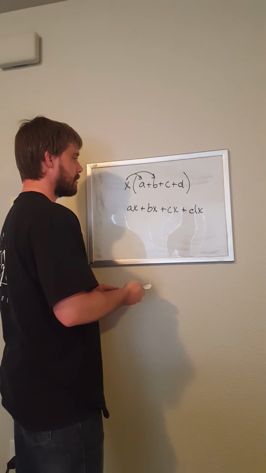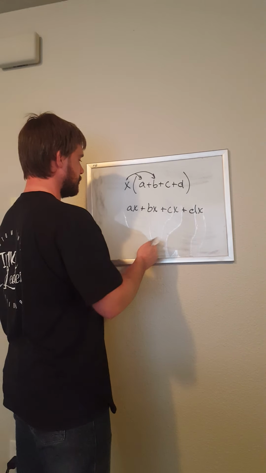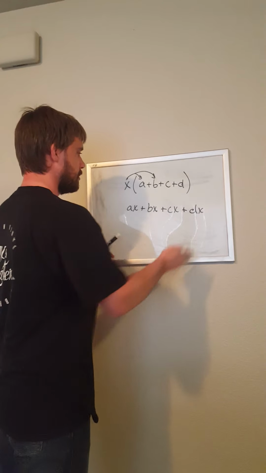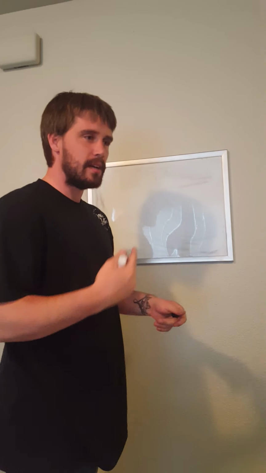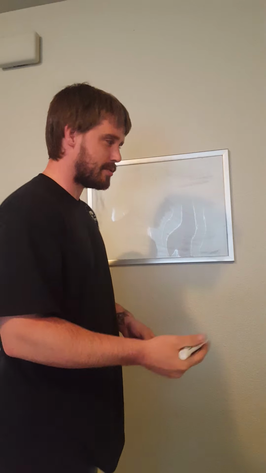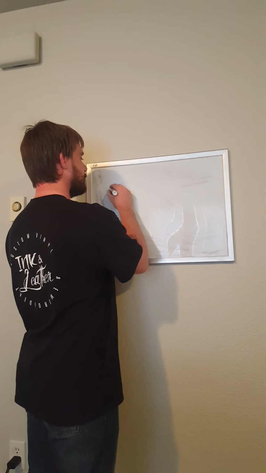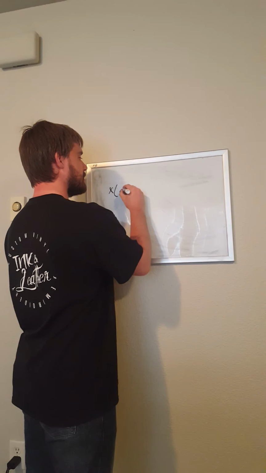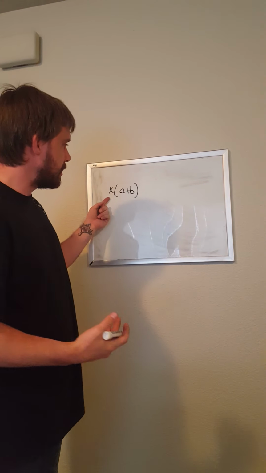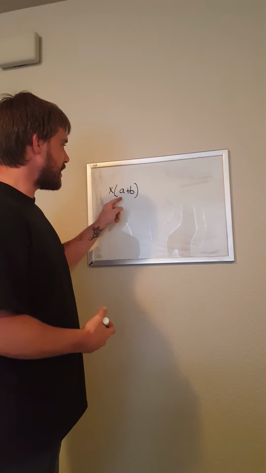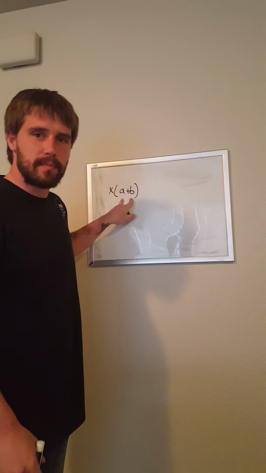So the distributive property here, it's a mathematical pattern that we recognize as true, and every time we check it, we find out it's true again, it's true again. So if we have x times a plus b, which just means I have any number here, and then I'm multiplying it by the sum of 2 numbers.